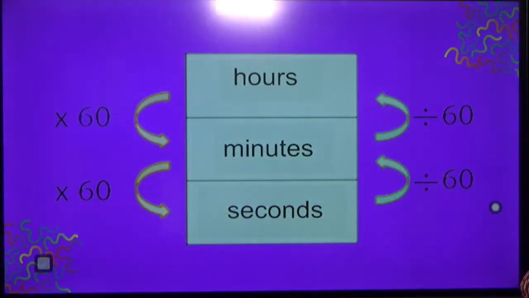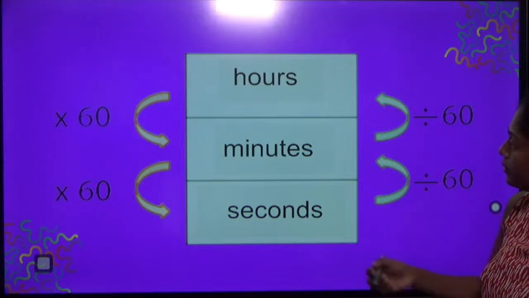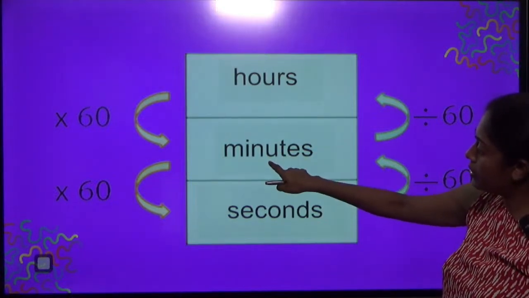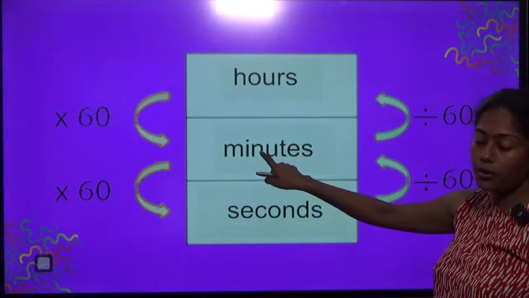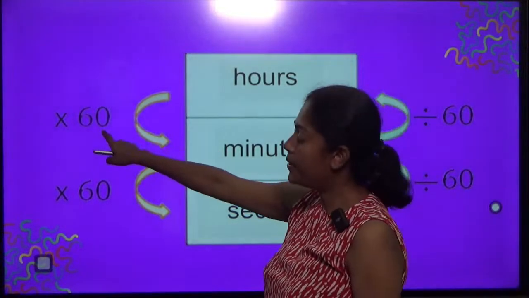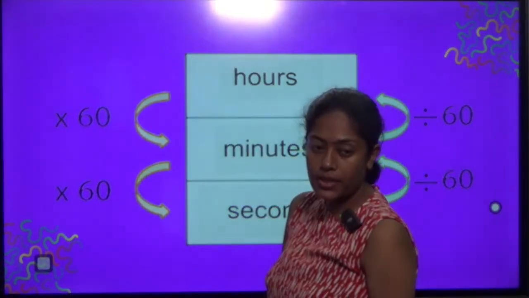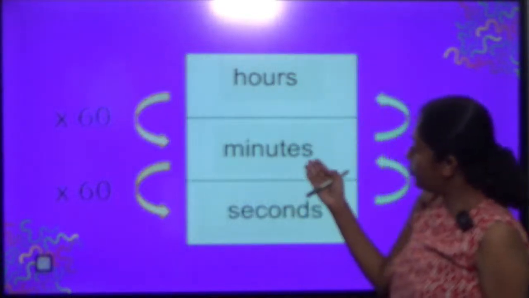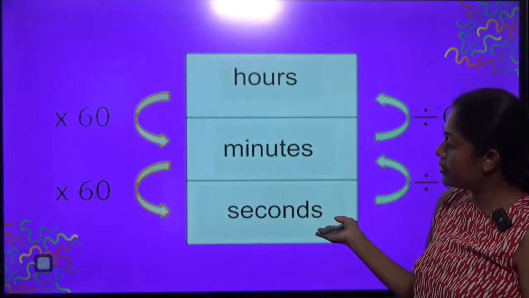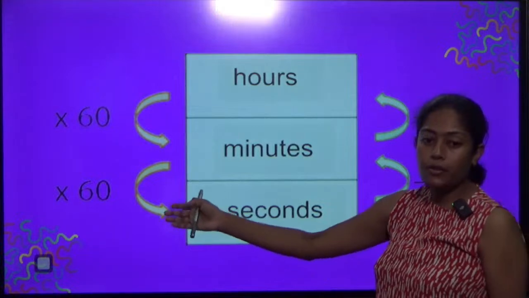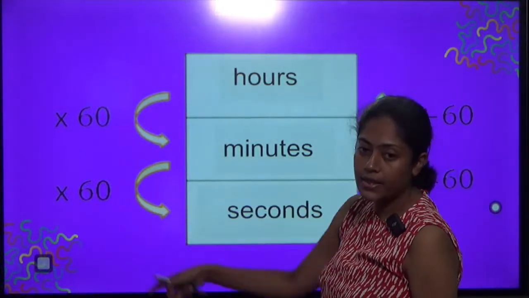Right. Now look at this chart. How to convert units to each other. If you have hours to convert to minutes, what you have to do is multiply that value by 60. Then if you have minutes to convert to seconds, you have to multiply it by 60.